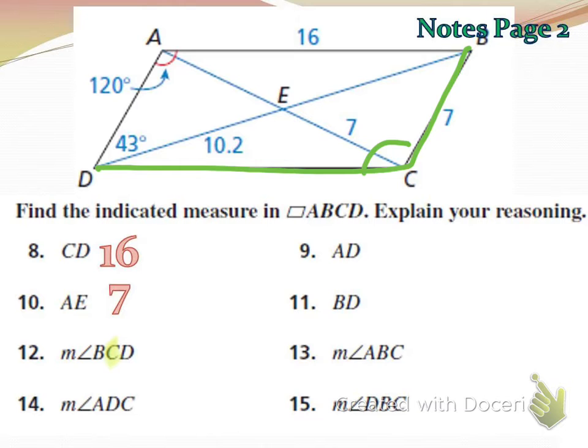We are only given 140, which is this angle, and then we're given 43, which is part of an angle. So which of those is helpful to find angle C? 120, because what do we know about opposite angles? They're congruent. So BCD will be 120 also.